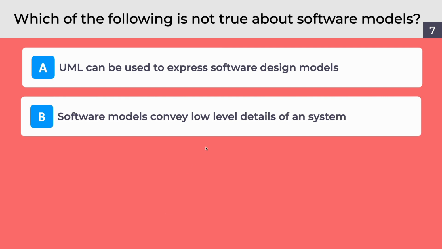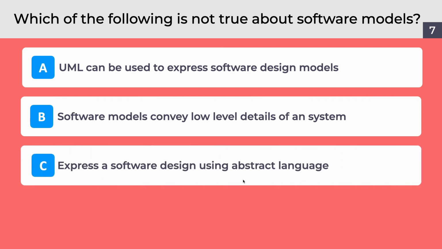Option B, software models convey low-level details of a system. This does not look to be true because we use software models as a way of abstraction, and normally they will represent information or structure at a high level rather than detail. So let's look at the other options and we'll come back to this one.